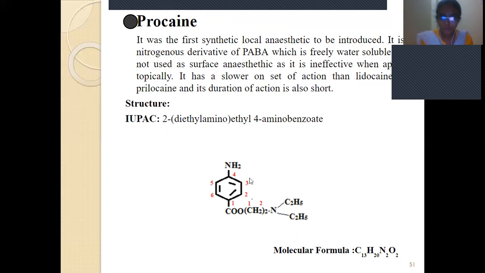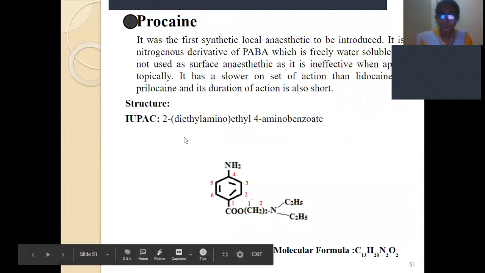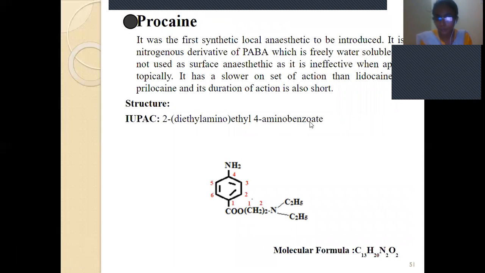So this is the structure of procaine. The IUPAC name is 2-diethylaminoethyl 4-amino benzoate.